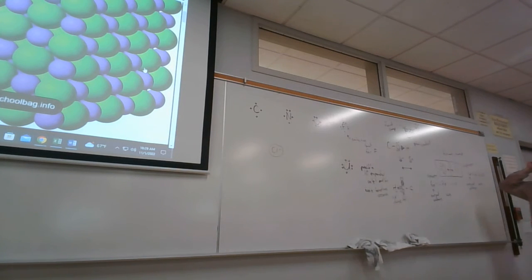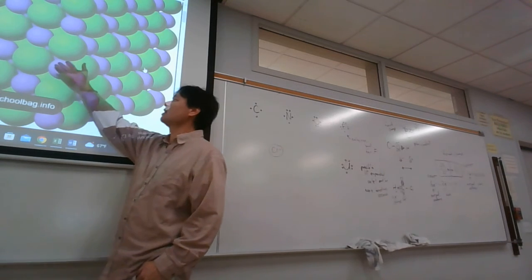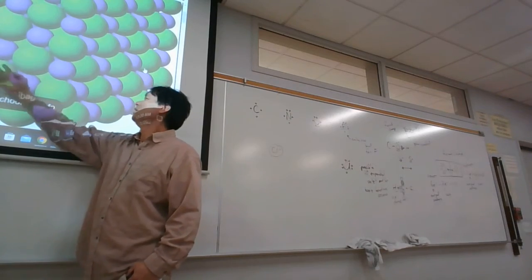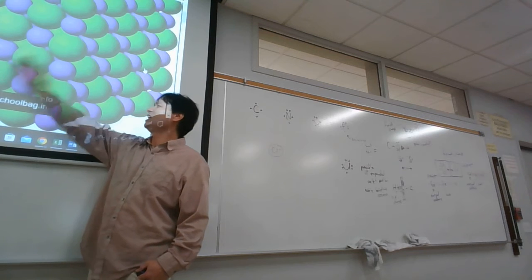Turns out, a chloride that's stuck inside the middle of this lattice, in the middle of this crystal, is going to have 6 sodiums. 4 in the plane, 1 on the other side, and 1 on top. We're just looking at the edge.